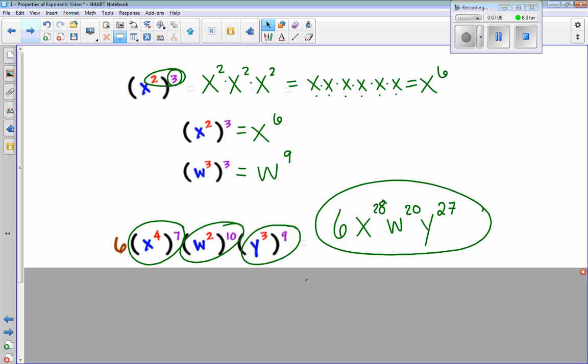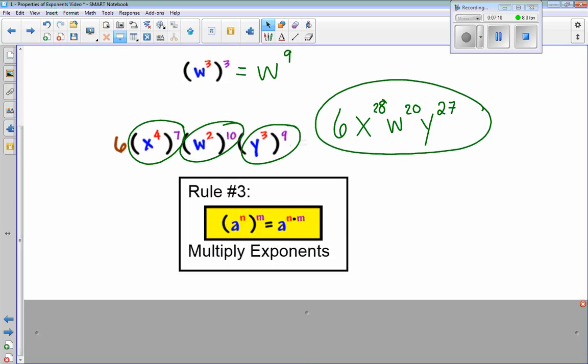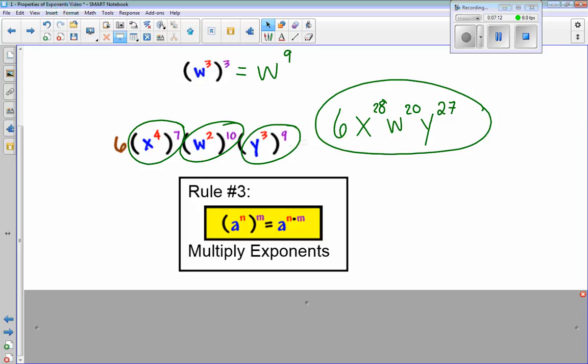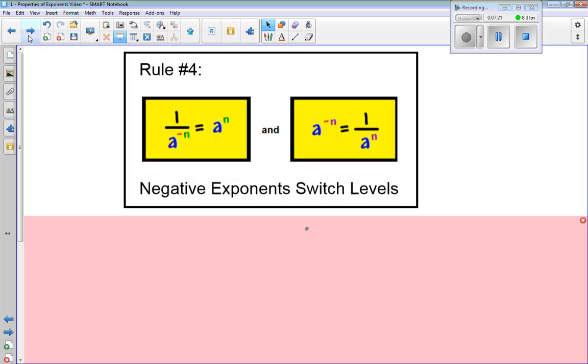All right, so go ahead, pause the video, and write down our next rule. All right, moving on. This is one that we've sort of seen a little bit of. If I have a negative exponent, for example, a to the negative 1 or x to the negative 1, all that means is we flip it.